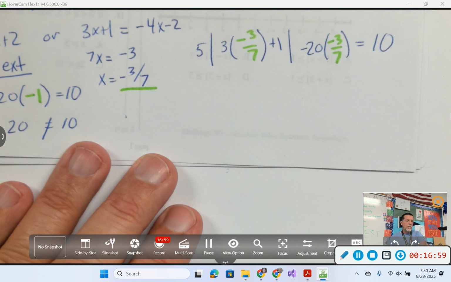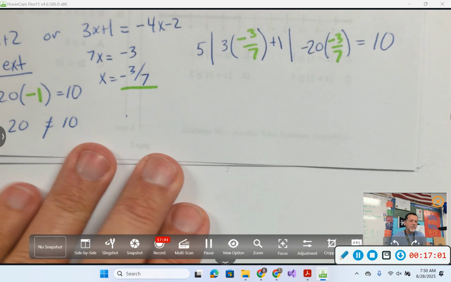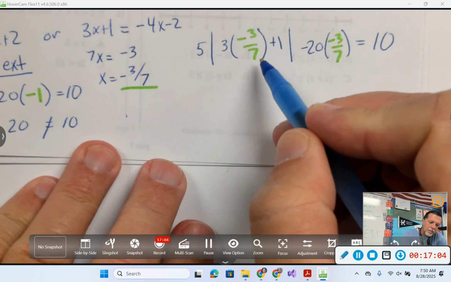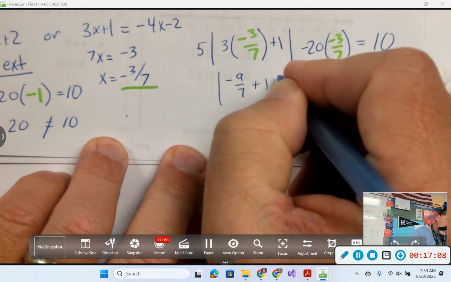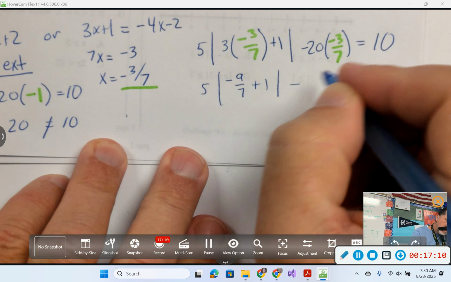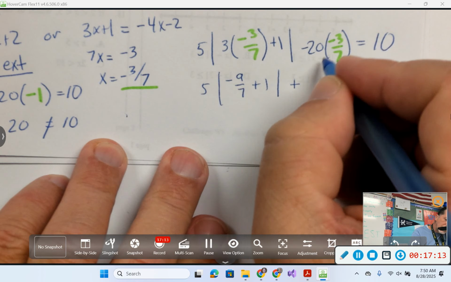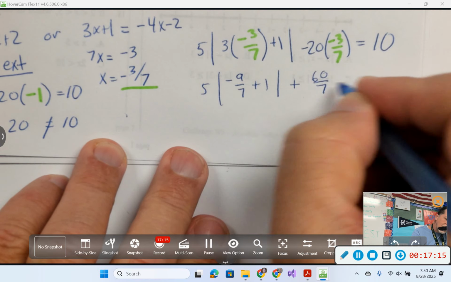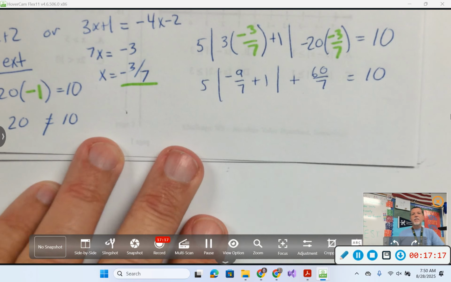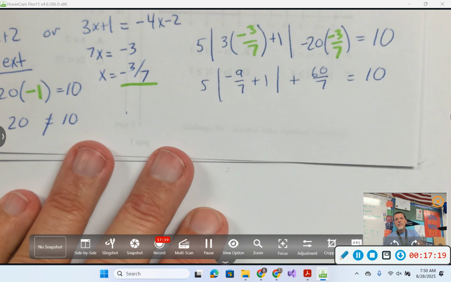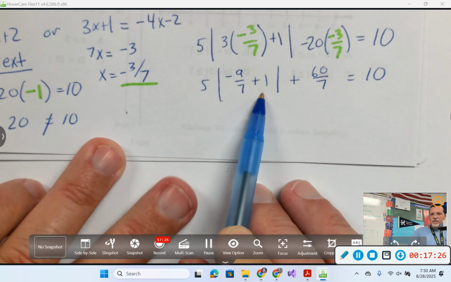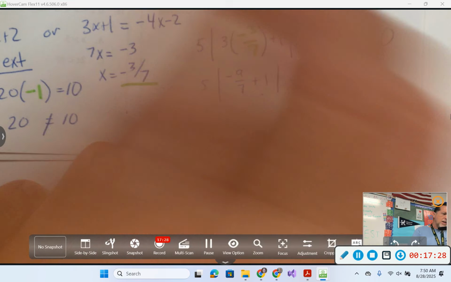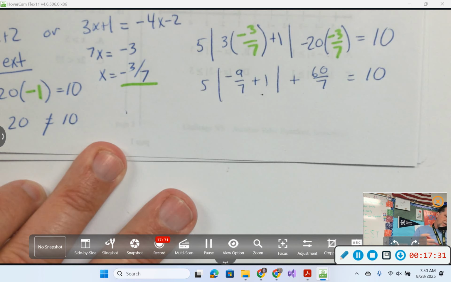Okay. Multiplying fractions, just multiply across. Do not multiply this to the top and the bottom. So that's negative 9/7 plus 1. And this would end up being plus 60/7. I'm really suspicious that this is going to work out, but let's see what happens. What's negative 9/7 plus 1? Negative 2/7, right?